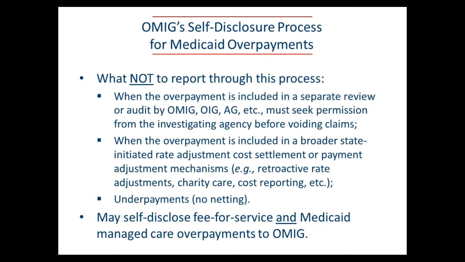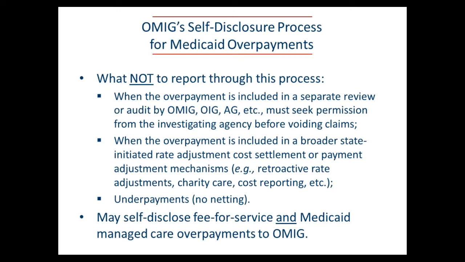Way long ago, a decade or more ago, you used to be able to take an approach to say, well, we found all these overpayments, but we also found a whole bunch of underpayments, and we're going to net them out, and we're going to give you the difference. The OMIG is quite clear these days that you cannot net out your overpayments versus your underpayments through this process.